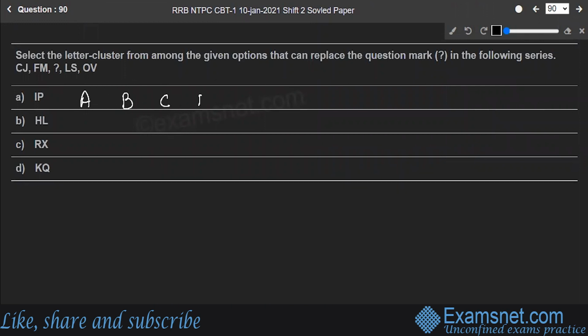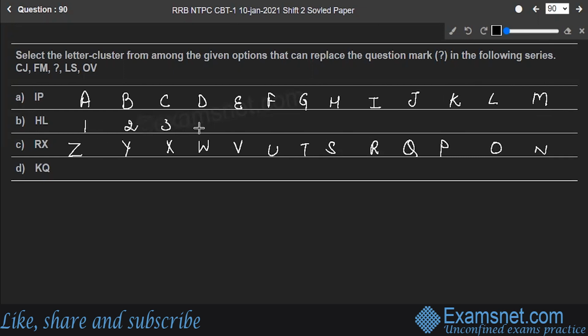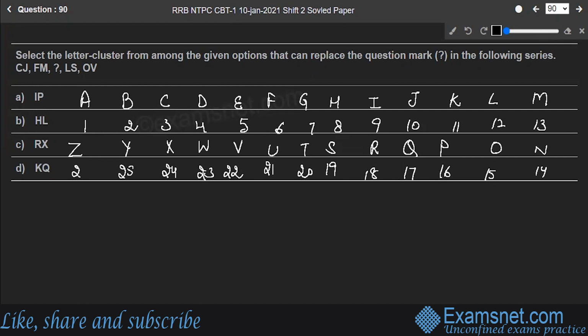A, B, C, D, E, F, G, H, I, J, K, L, M, N, O, P, Q, R, S, T, U, V, W, X, Y, and Z. 1, 2, 3, 4, 5, 6, 7, 8, 9, 10, 11, 12, 13, 14, 15, 16, 17, 18, 19, 20, 21, 22, 23, 24, 25, and 26.